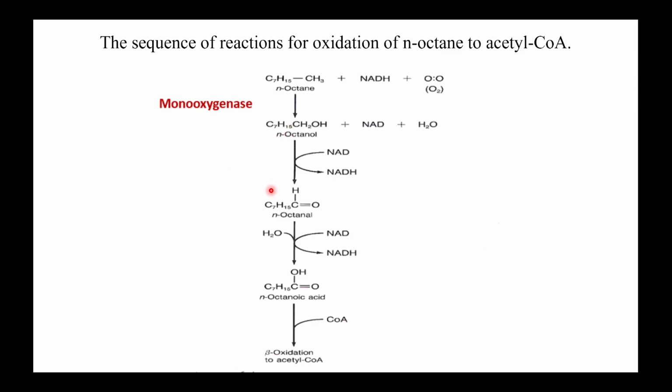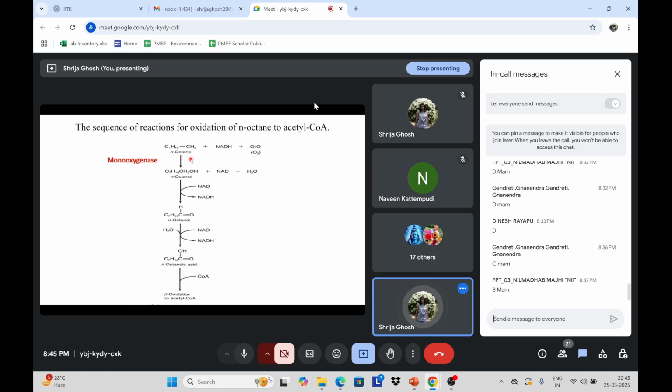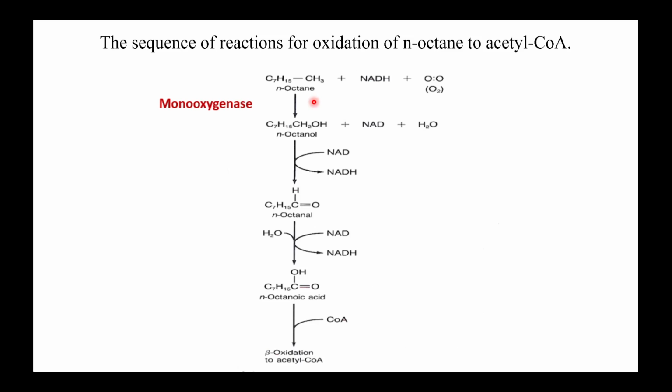Then it is converted into an aldehyde, octanal, and then finally to a carboxylic acid, that is octanoic acid, and that carboxylic acid then is converted into acetyl coenzyme A by beta oxidation. So the first step, octane to octanol, is catalyzed by monooxygenase. The first oxidation step, converting the alkane into alcohol, is catalyzed by monooxygenase. Is this clear? If you have any doubt, please ask.